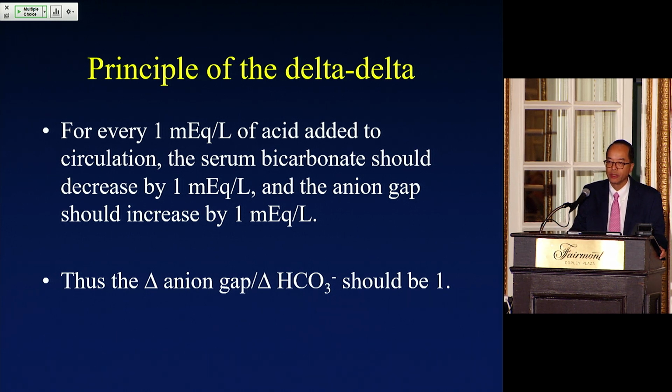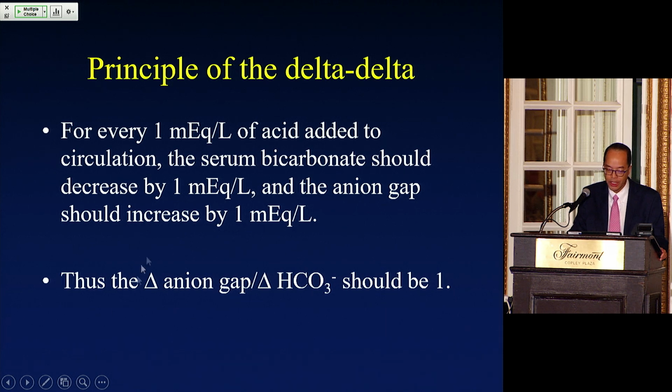This is based on a fairly simplistic principle that's not actually completely correct, but it's a reasonable simplification, which is that for every 1 milliequivalent per liter of acid that you add to a person's blood, the serum bicarb should decrease by 1. So that 1 milliequivalent per liter of hydrogen ions is titrating 1 milliequivalent per liter of bicarb, and the anion gap should therefore increase by 1.